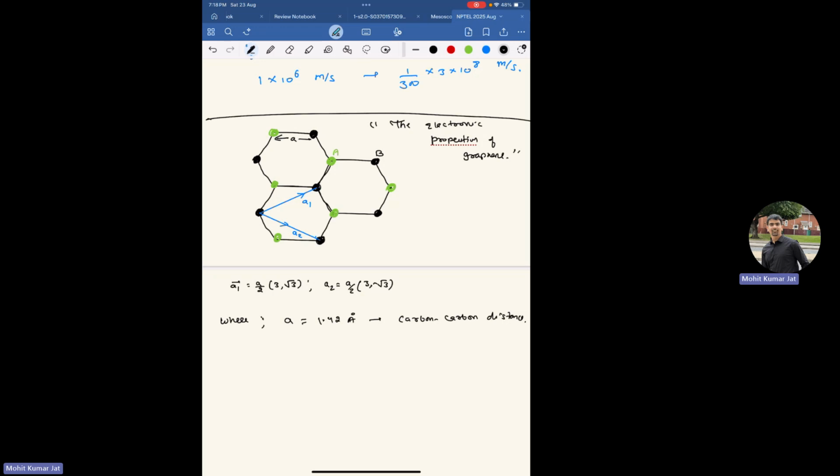Now you can of course calculate the reciprocal lattice vector. We know that b1 is related to 2 pi a2 cross a3 by a1 dot a2 cross a3. That's how they are related, right?